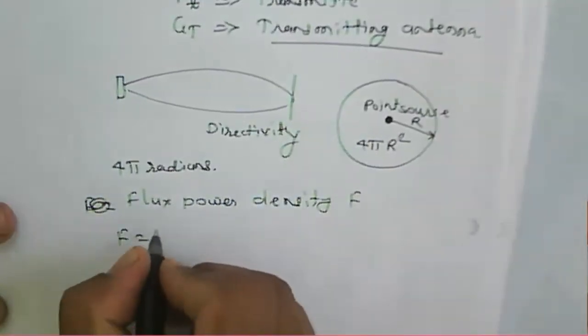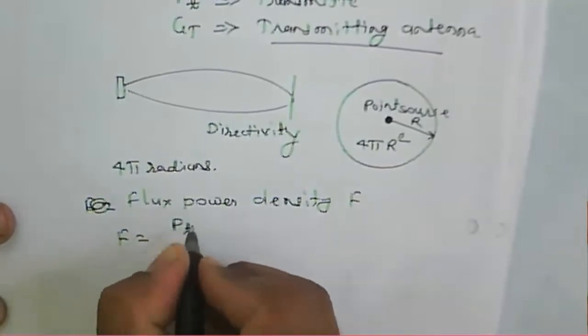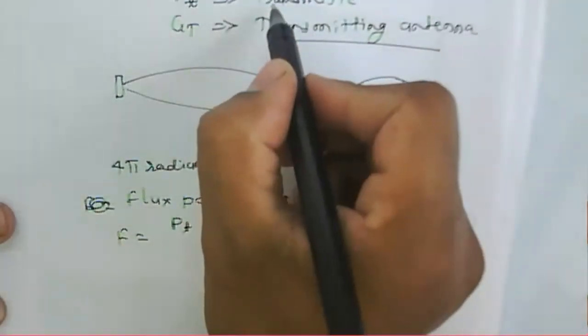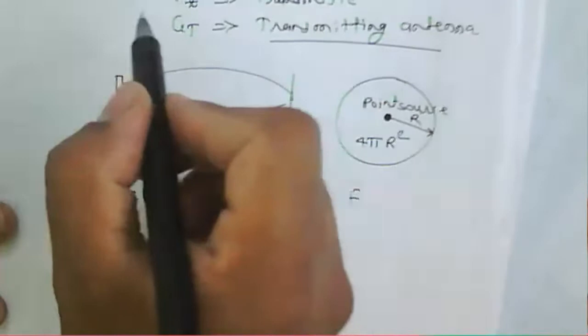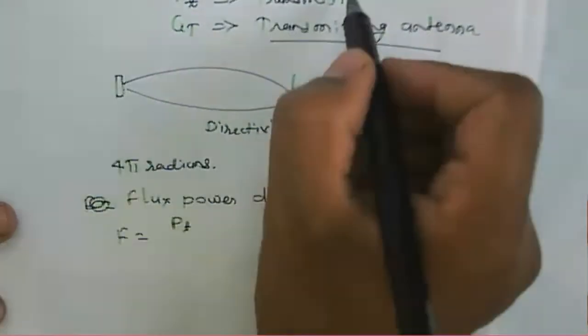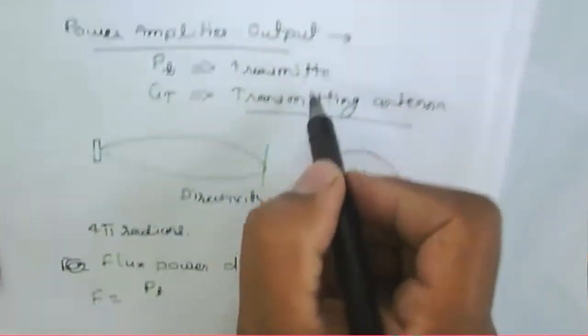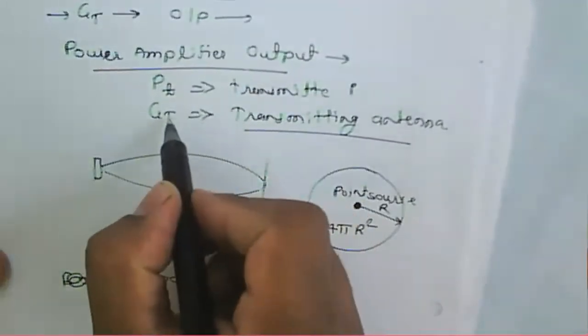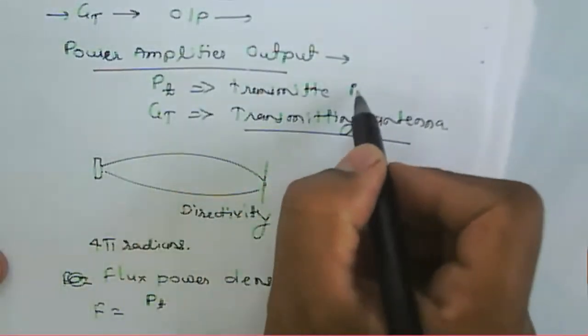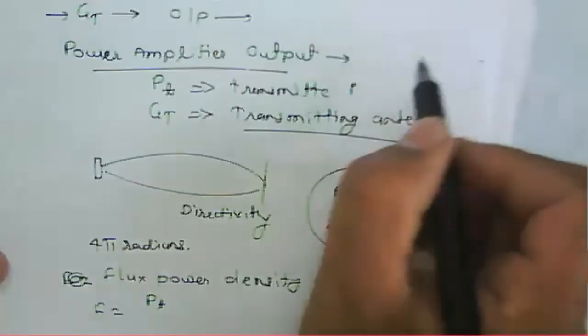That F depends upon how much power is being transmitted by the amplifier. We have the amplifier, and it delivers its output to the antenna.